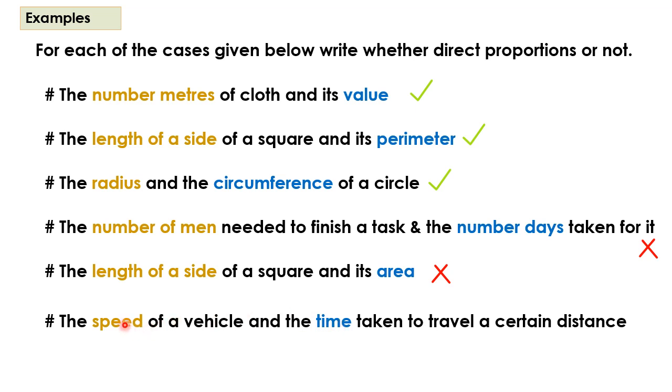Then when you increase the speed to 100, the time taken is going to be 1 hour. Therefore, when one quantity increases, the other decreases. Therefore, this relationship also is not in direct proportion.